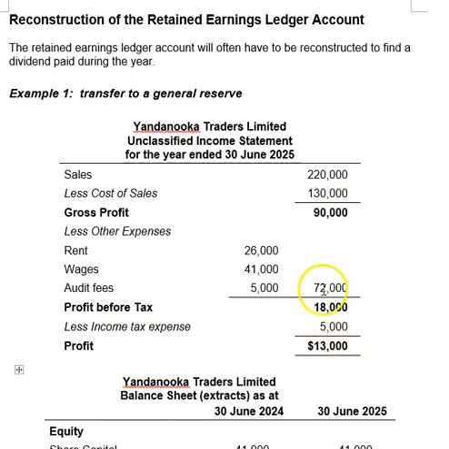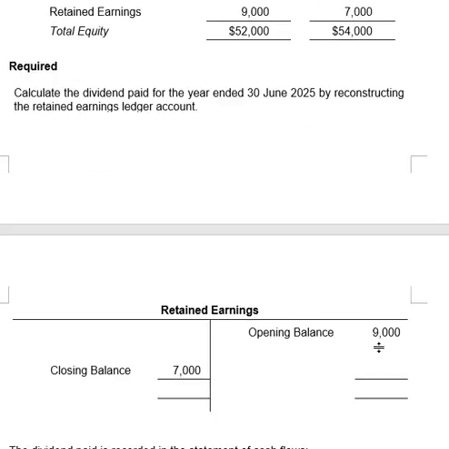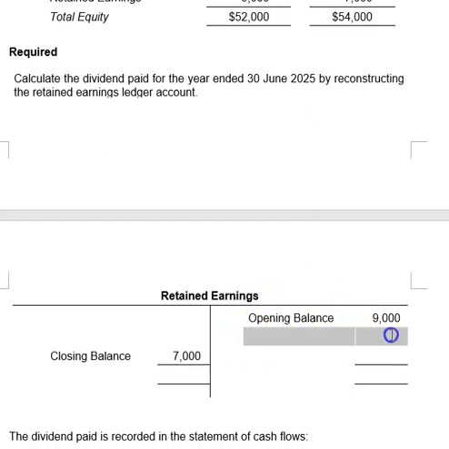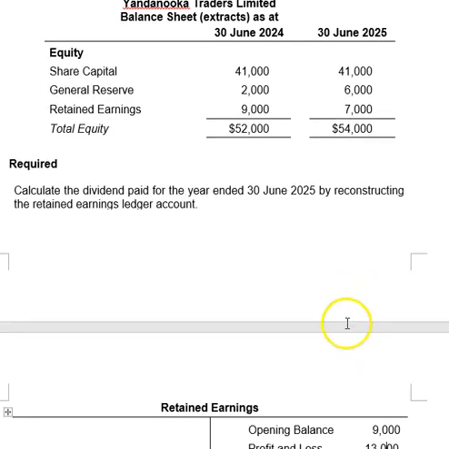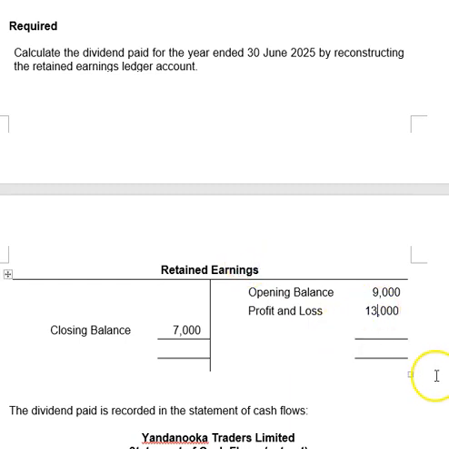It's not the profit before tax, and it's not the total comprehensive income. You need to record the profit after tax, which is 13,000. So we credit retained earnings, profit after tax, 13,000.